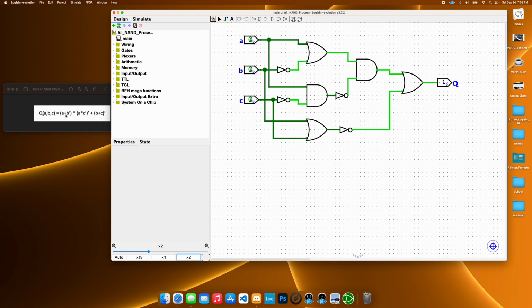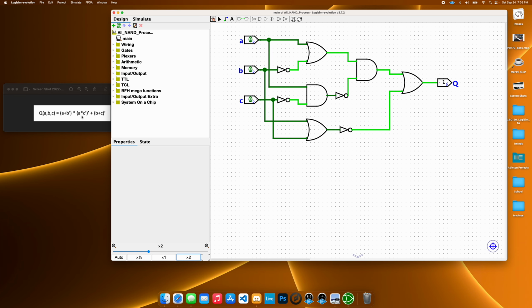As you can see, we have A being ORed with B's complement. A is plugged in there, B complement is there. We have A being ANDed with C NOTed, and all that being NOTed together. That's here: A, C NOTed, everything being NOTed after that.